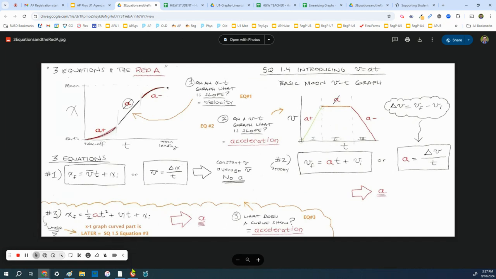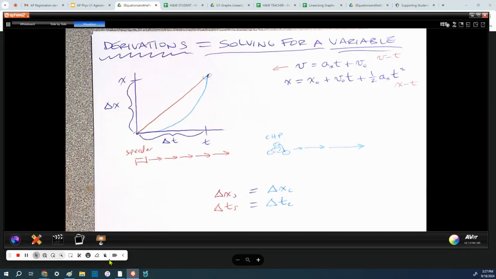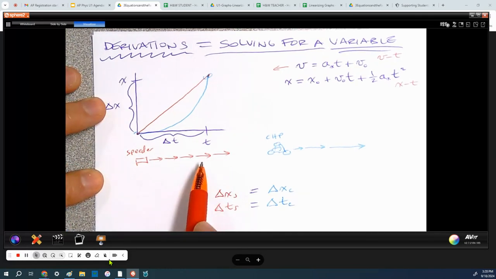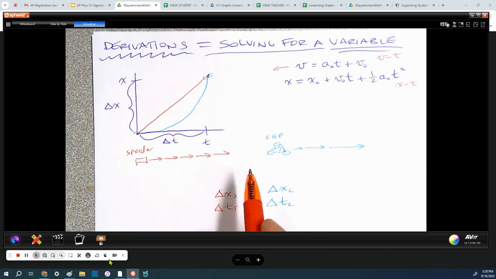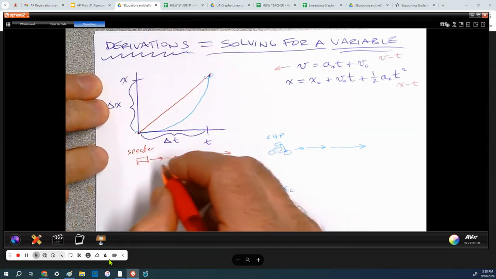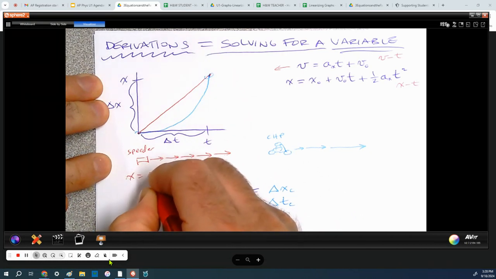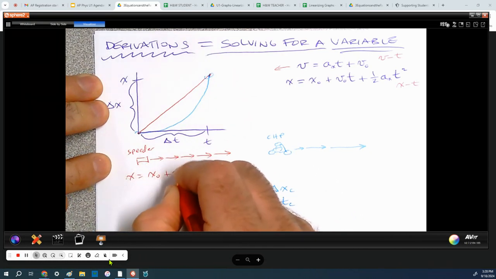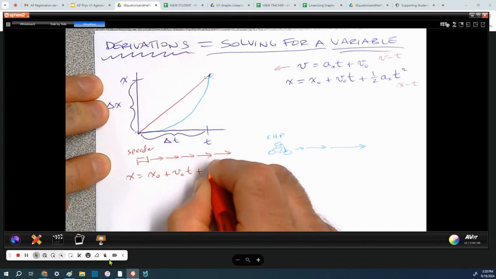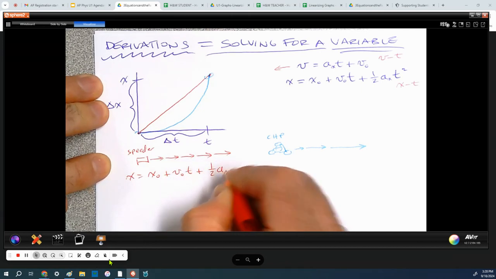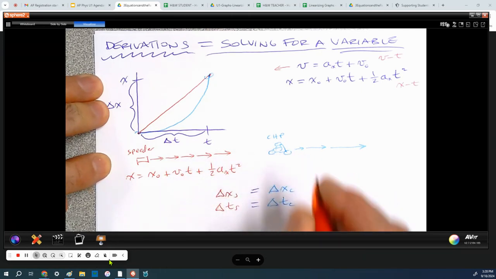So I'm going back to my drawing, and I can say that this equation off of here is the y equals mx plus b equation. Now, that equation on your equation sheet is the full equation, which is x equals x naught plus v naught t plus 1/2 a in the x direction times t squared.